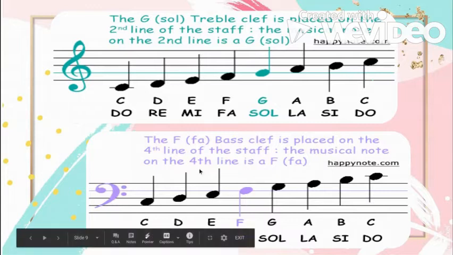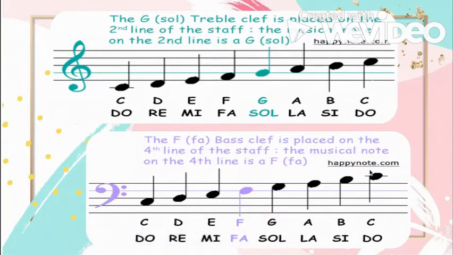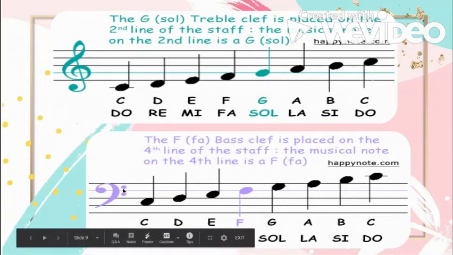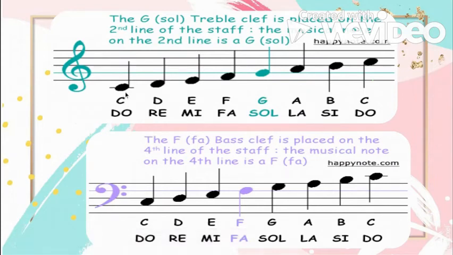And another one, class, for the F clef, what is the difference? Always remember, class, the middle between the 2 dots here, that is where we can see the F or the fa. So again, where can we see the C? Here the middle C is placed in the second space, but here it is outside the musical staff.